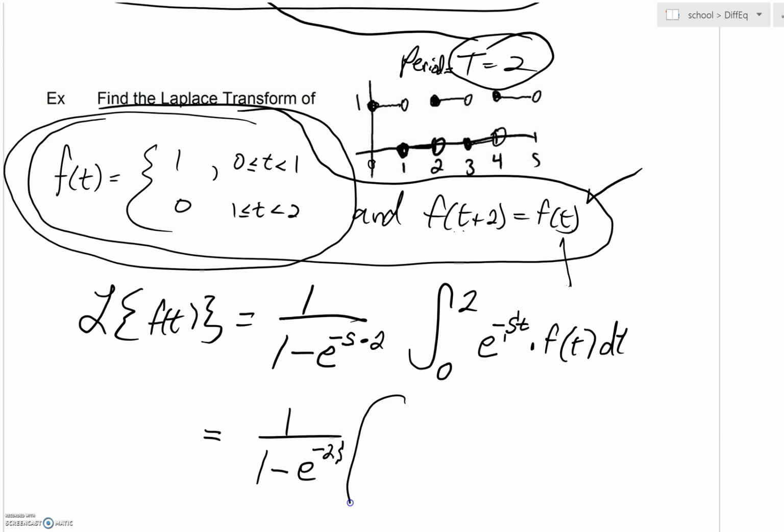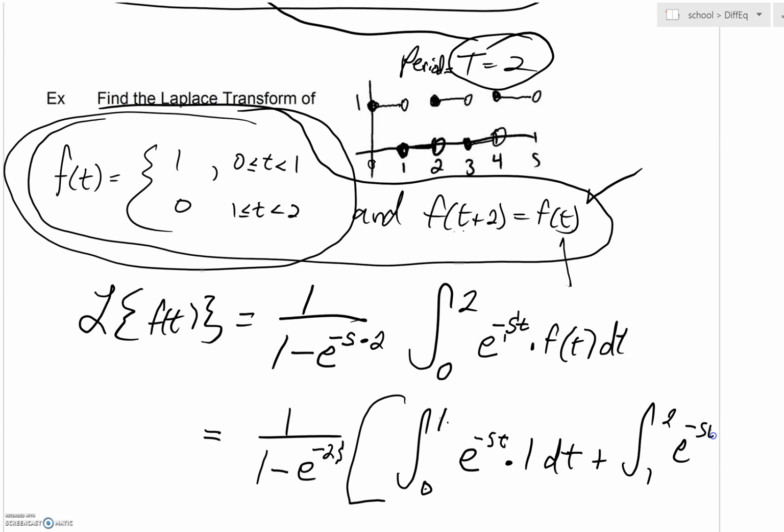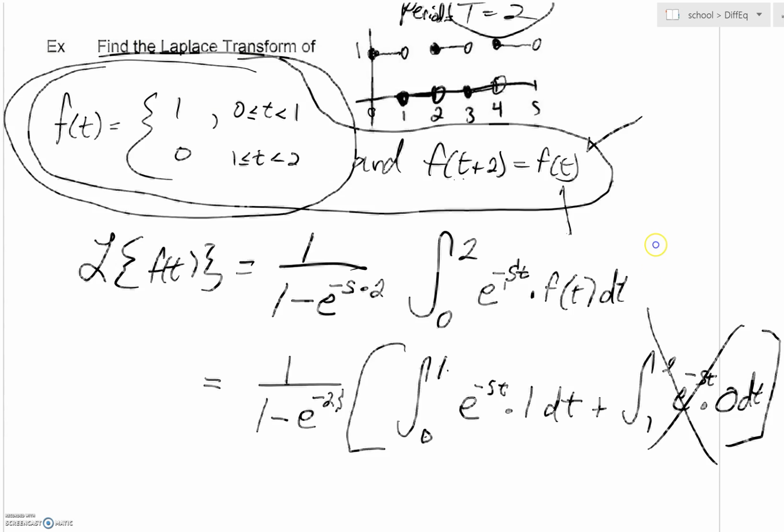But this integral can be broken up because the piecewise function has 2 parts. We have e to the negative st times 1, since my f of t is 1 from 0 to 1. But then from 1 to 2, this is very nice, our f of t is 0. And wonderfully, that second component is just going to completely wipe out.